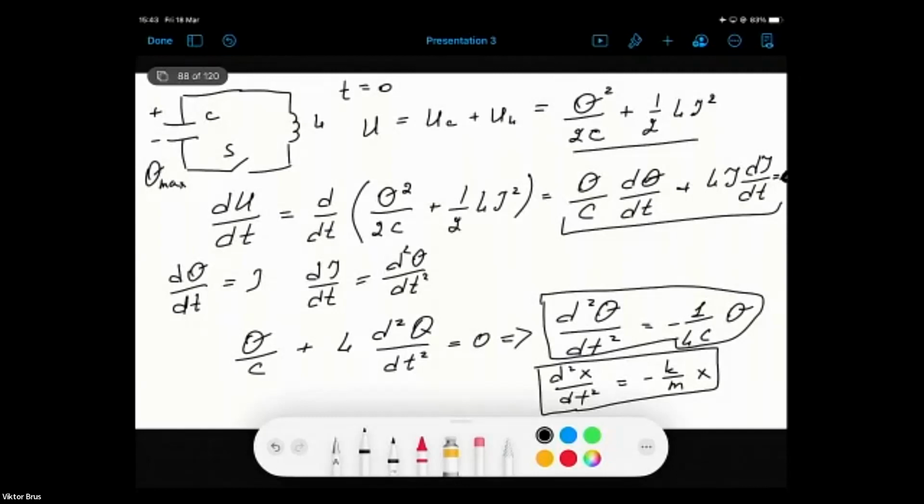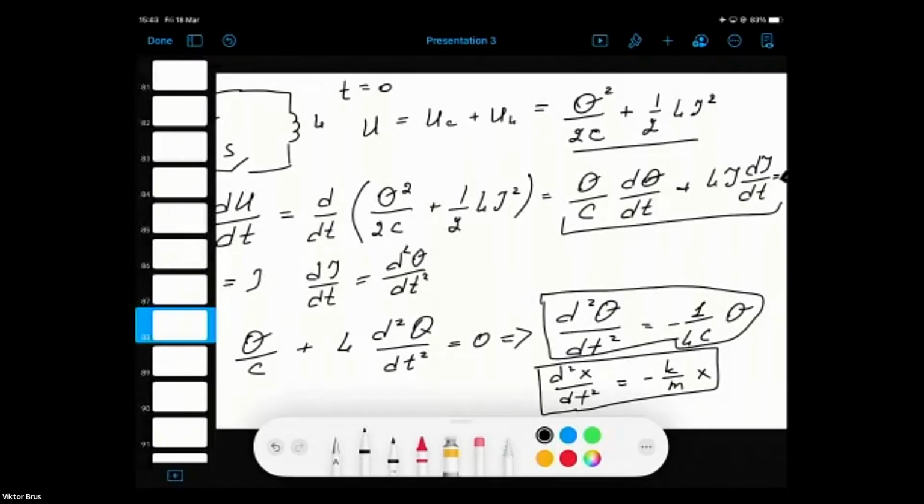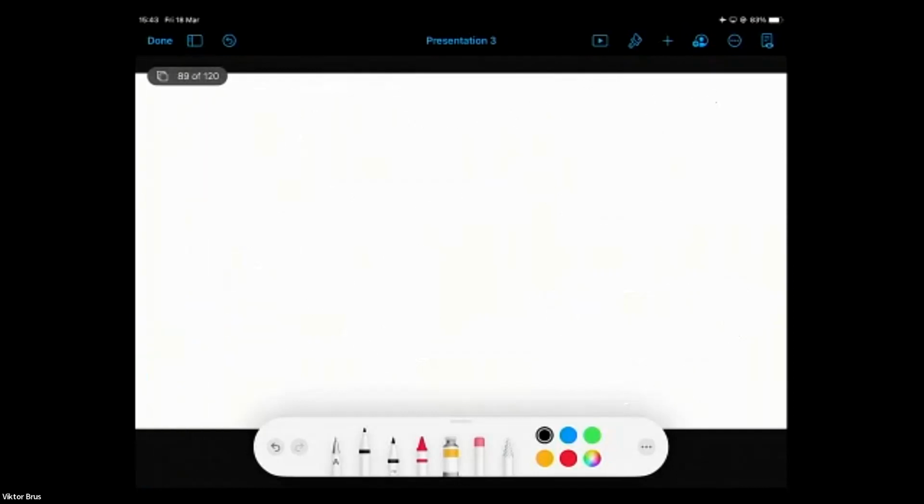However, these equations look identical, and obviously we will get the solution for this second order differential equation similar to that of the spring block system. So if we go to the next slide, let us write the form of the solution for this differential equation.